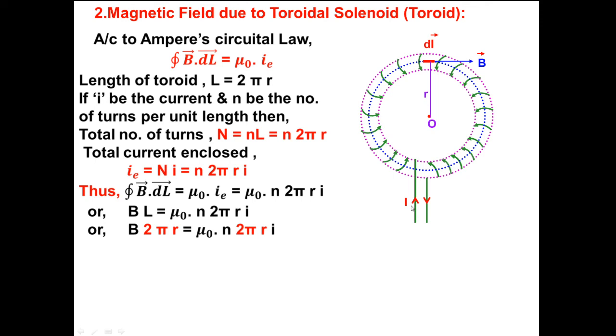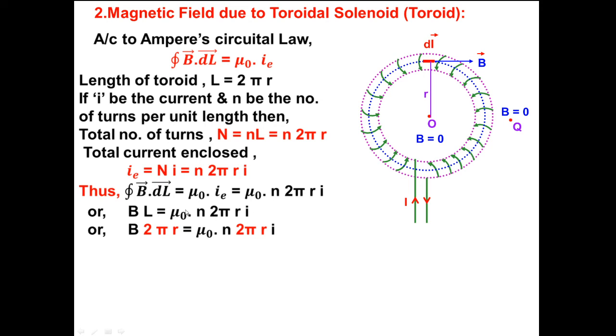So we can say the total current enclosed by the toroid is NI. So it is n into 2 pi r into I. So if we use the Ampere circuital law, we can say integral B dot dl equals mu naught times the current enclosed.